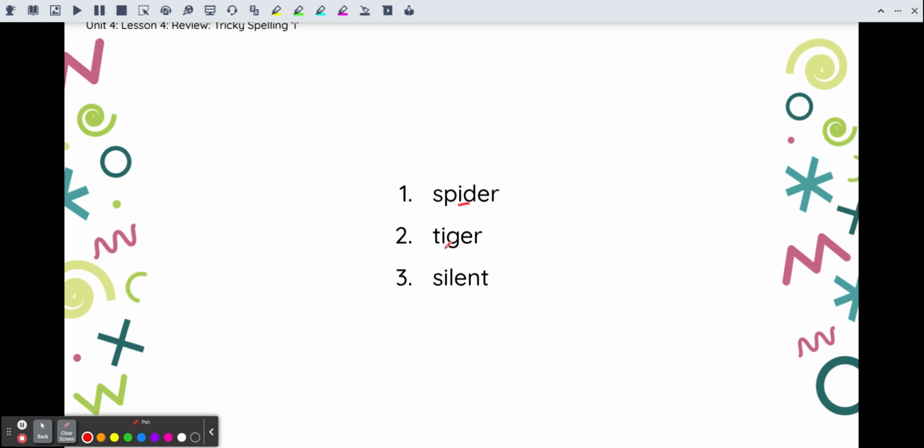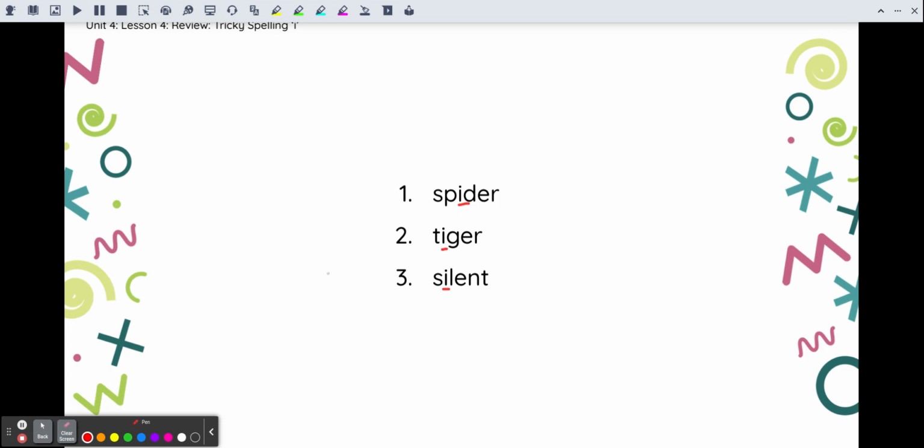Right there, and right here. So the I is at the end of the first syllable. Remember, syllables are when we can clap out a word.